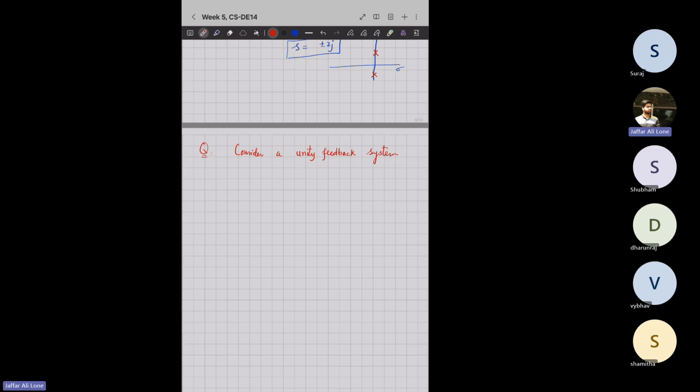with forward path transfer function G of s, which is given by K into (s plus 3) into (s plus 5) divided by (s minus 2) into (s minus 4).